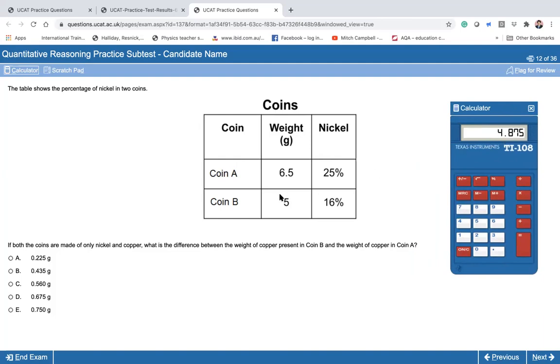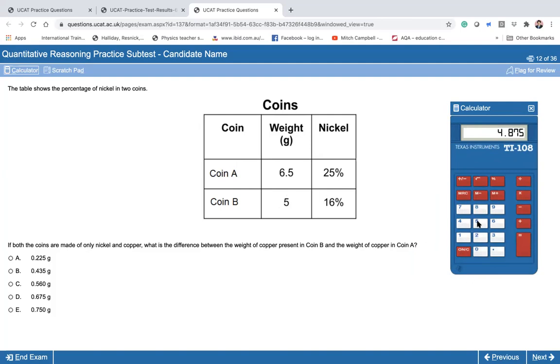Let's try to find out the amount of copper in coin B. If 16% is nickel, then 84% is copper. So let's take 84% of 5.